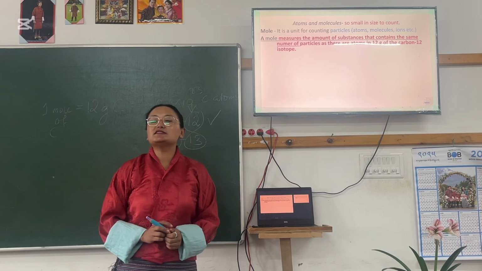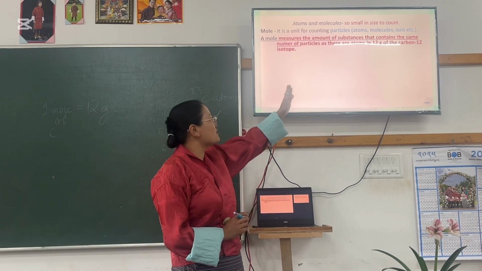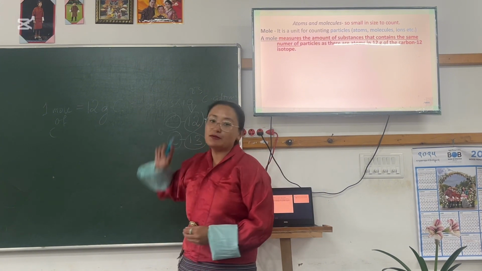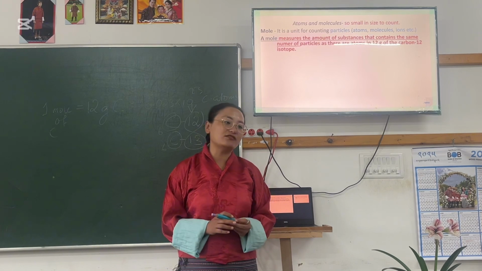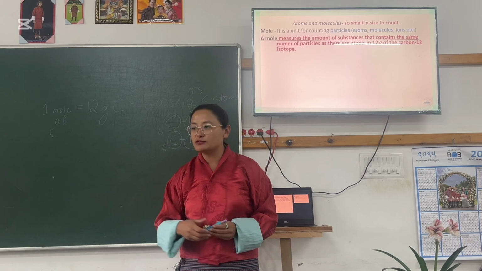Now, someone in 10C asked, madam, is there another way instead of writing 12 grams of carbon-12 isotope? Why not put this number, Avogadro's number, and define it? Yes, there is a definition. That is how we define it in modern days.